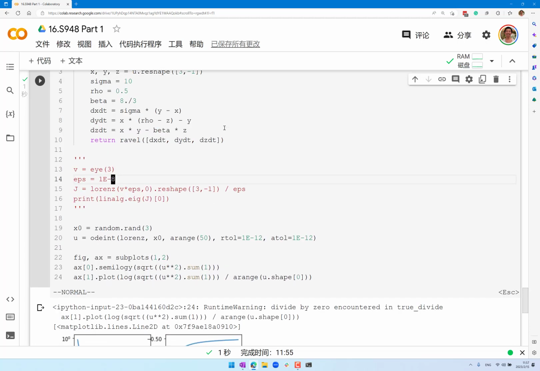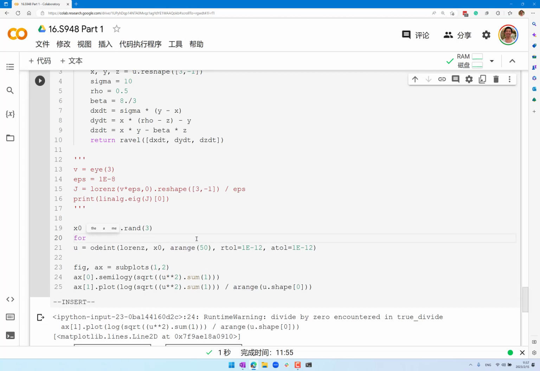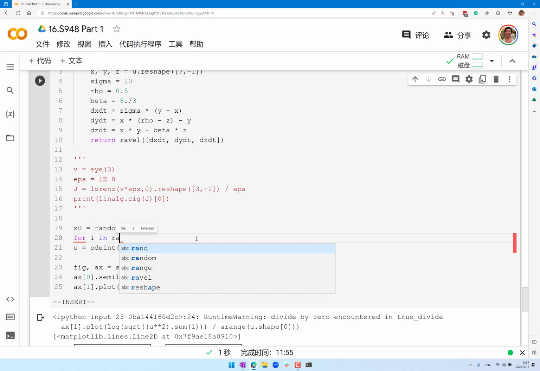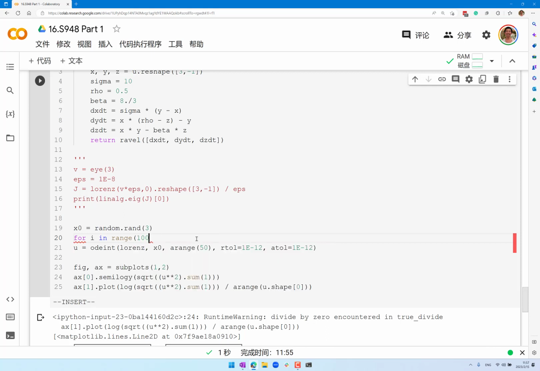Okay, so if we want to carry out the iteration to longer and longer time, we want to make an iteration around the odeint loop. So for i in range, this time we can make it 500.